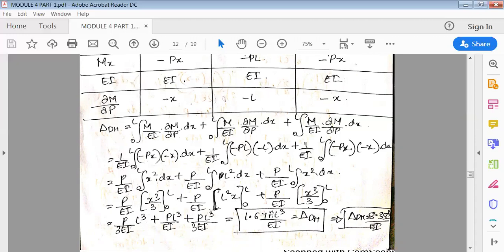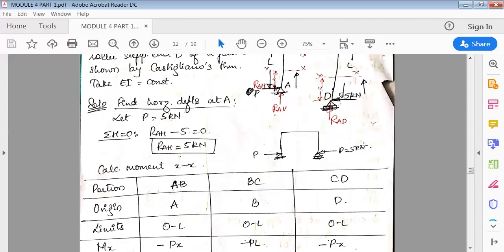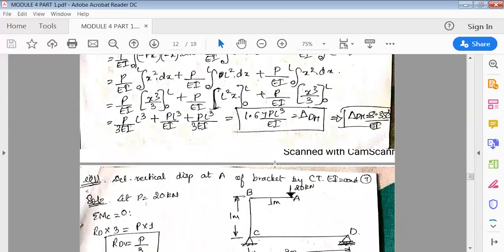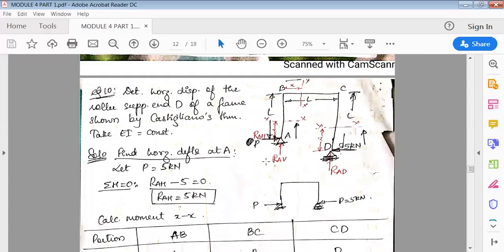But now that you already know the value of P, P is 5 kilonewton. So substitute 5 kilonewton here and solve this. So delta DH is 8.350 over EI. Okay.